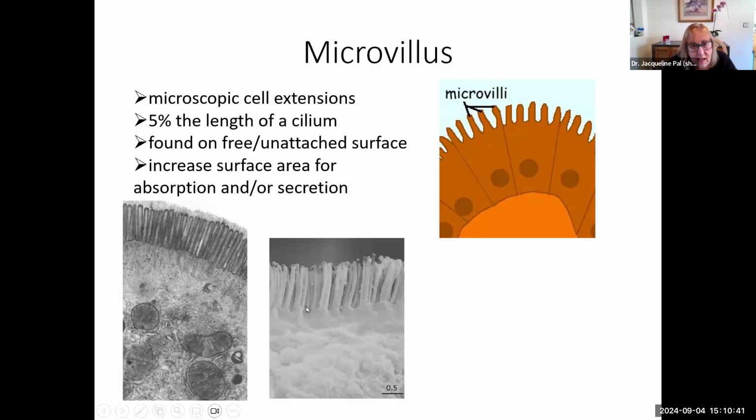Okay, so here are two photomicrographs. This one is a transmission electron micrograph. You got some beautiful mitochondria over there, and here are the microvilli. Why do you think you have a bunch of mitochondria? Because for absorption, for phagocytosis or pinocytosis, that's going to require energy.